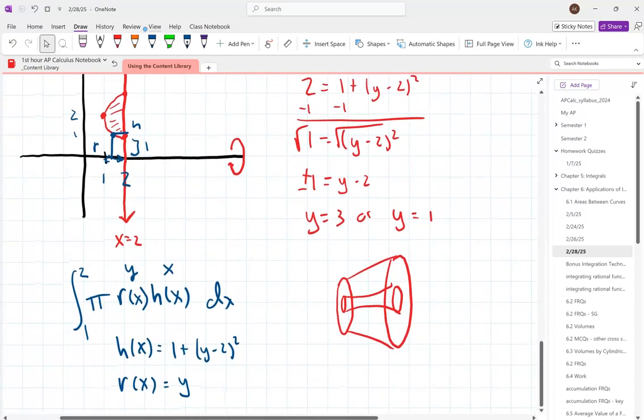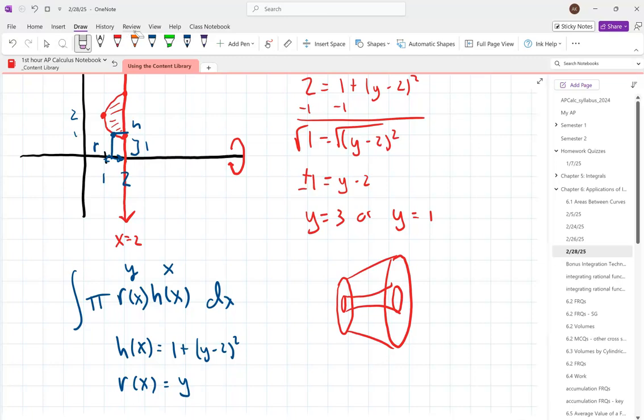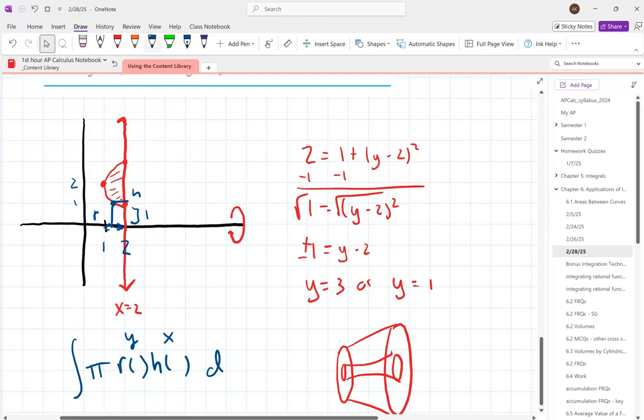All right, I'm going to go back here for a minute. So the picture is fine, but I made a couple of mistakes.